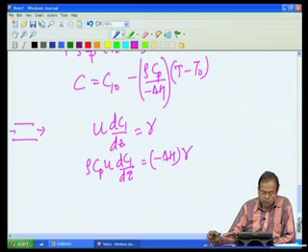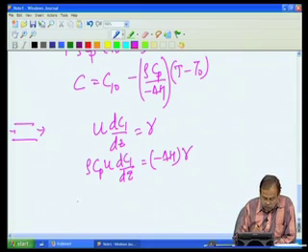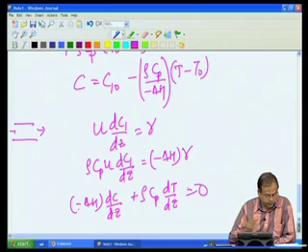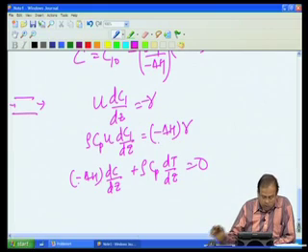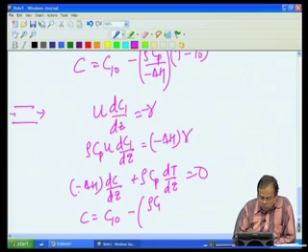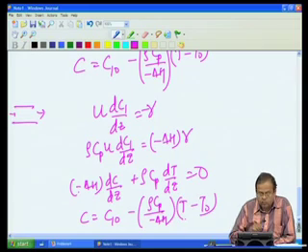So, we can combine these two equations, minus delta H dC dZ plus rho Cp dT dZ equal to 0. Okay. And again, if you take the same approach, we will get C equal to C10 minus rho Cp by minus delta H into T minus T0.